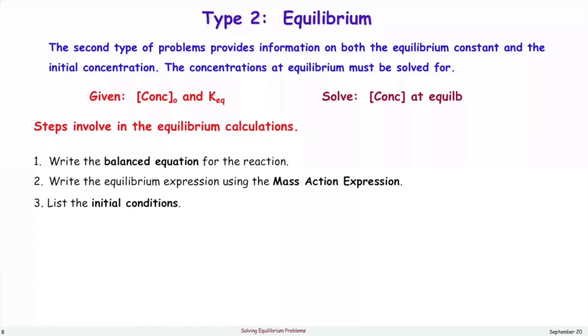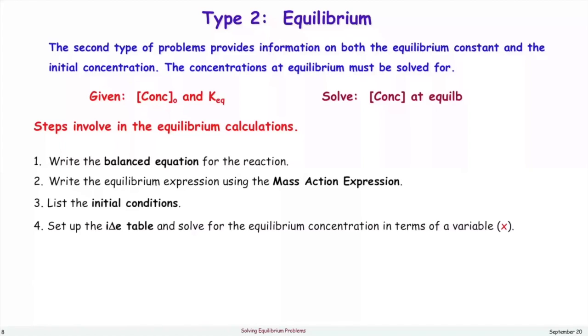The initial conditions: remember that the ICE table, or the I delta E table, or the RICE table, many different ways of saying the same thing, gives you a way of accounting for how the chemicals behave through the reaction. What chemicals you start with, how much you have, how they break down in the course of the chemical reaction, and then how much chemical you should expect at equilibrium. That's basically what the ICE table is for.